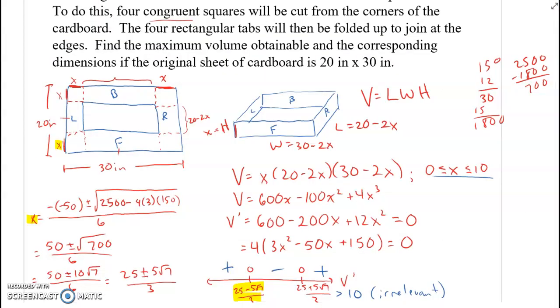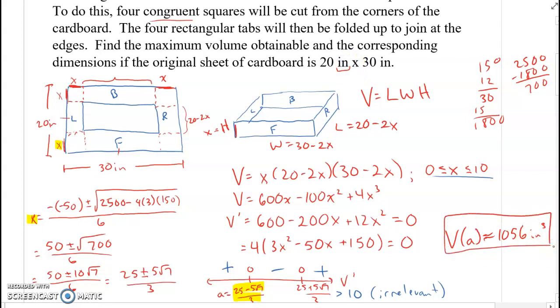So I'll just call this A so I don't have to rewrite it again. And then the volume at A equals approximately 1056. And the units are, well, length is measured in inches, so volume is measured in inches cubed. And that would be the maximum volume attainable given the constraints of this problem.